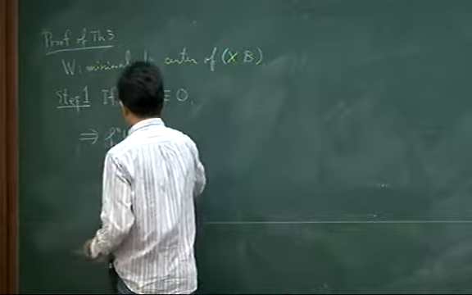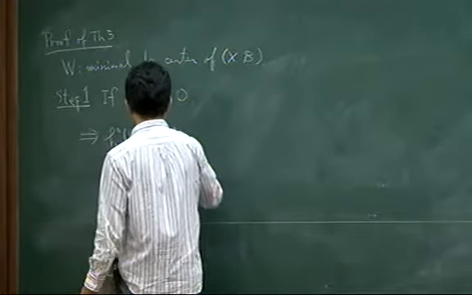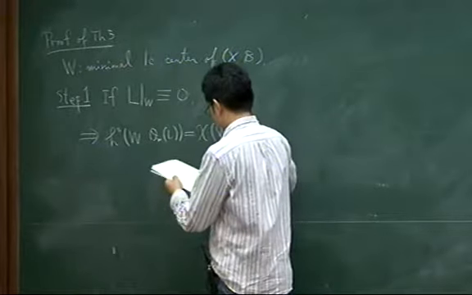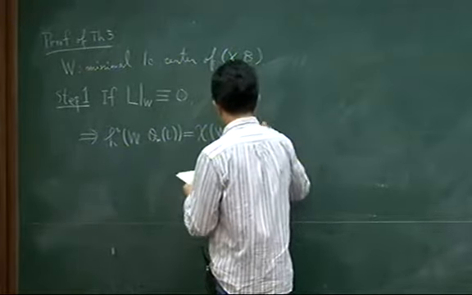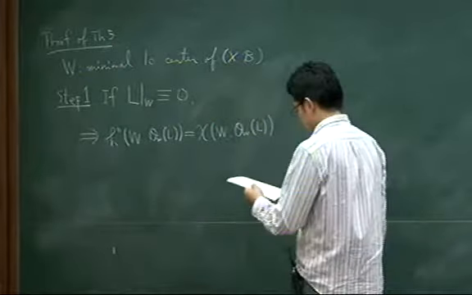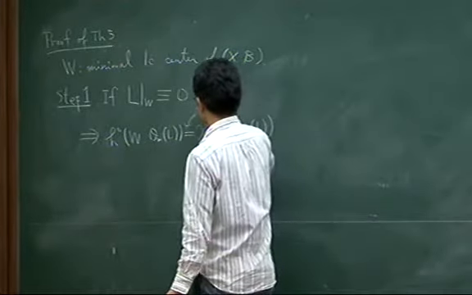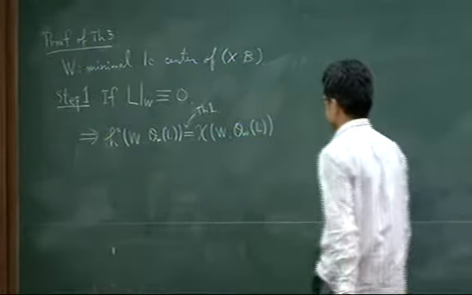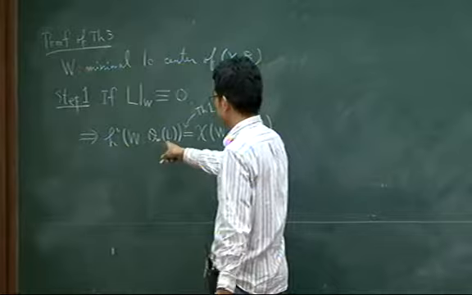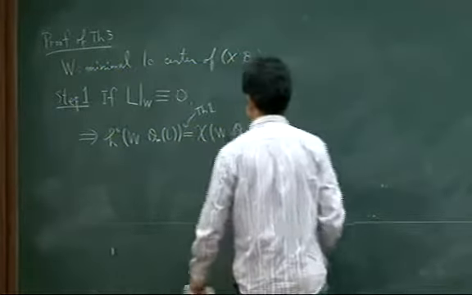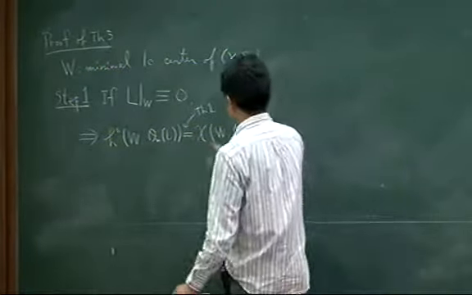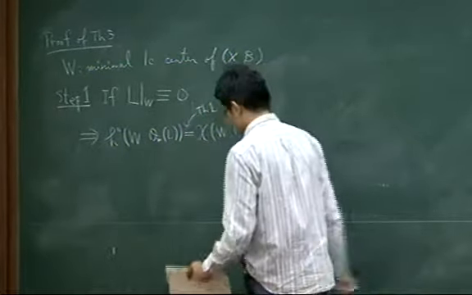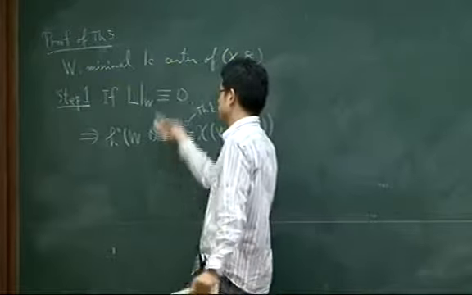H0(O_W(L)) equals chi(W, O_W(L)) by theorem 1. Okay? L minus (K_X plus B) is ample. So by using theorem 1, a result explained in the proof of theorem 1, the higher cohomology of this vanishes.